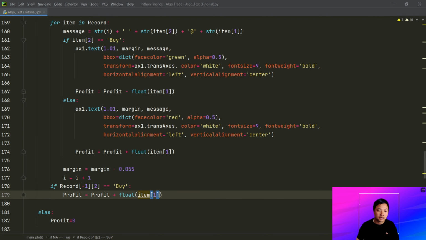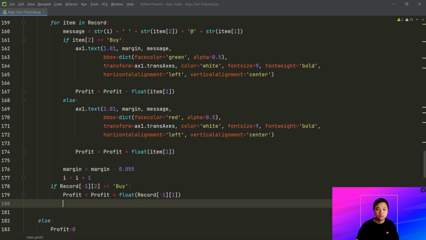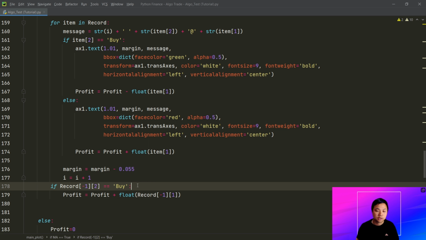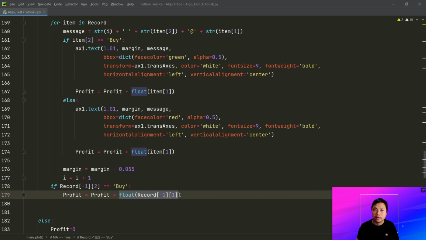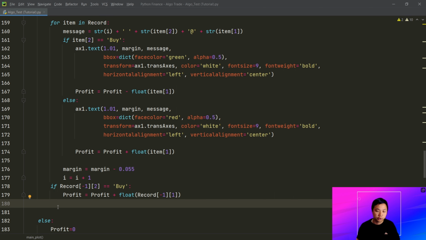But in this case, I will just change it back to the buying price and also the selling price to match them together. Because we are going to have this buy action, and this is the buying price, I just use the profit plus, that means this is going to offset this buying price, so the profit is just like canceling out the trade.